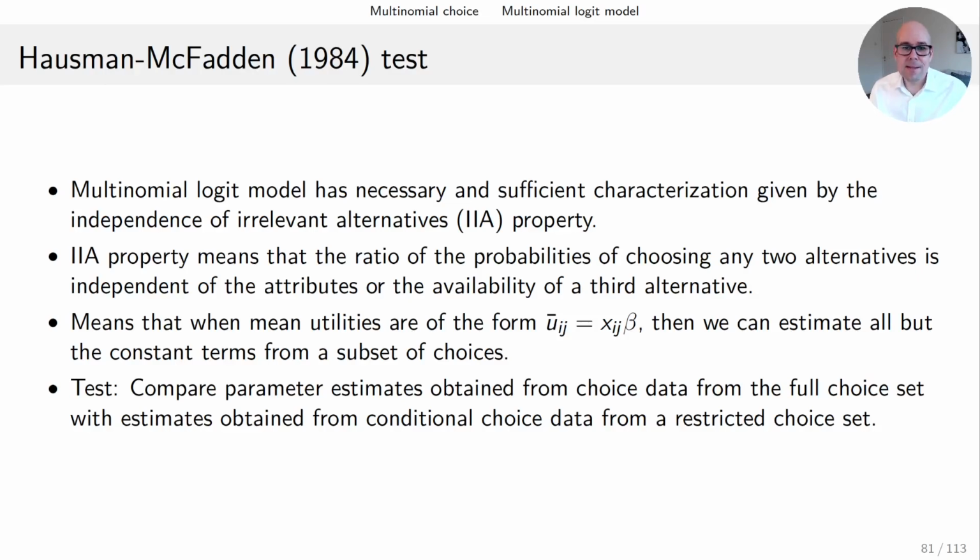So let us now first understand what this property really means. So the property means that the ratio of probabilities of choosing any two alternatives is independent of the attributes or the availability of a third alternative.